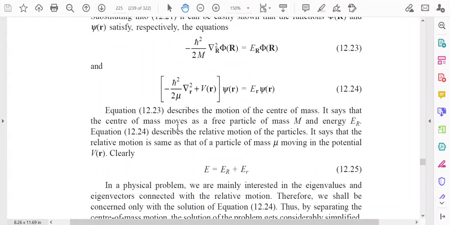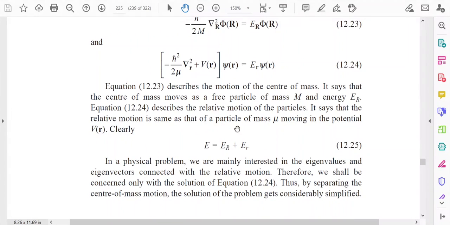We are not saying that there are two masses. We are saying that there is only one mass. The reduced mass is μ and the particle is moving in a potential V(r), and the total energy E will be E_R plus E_r.